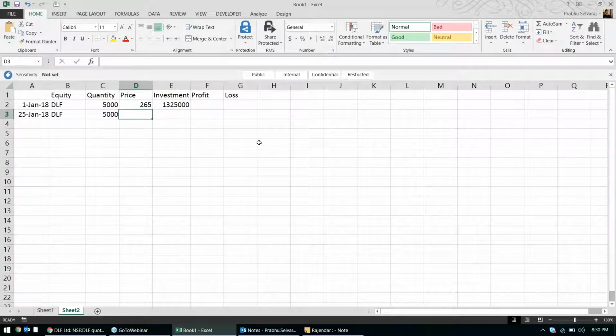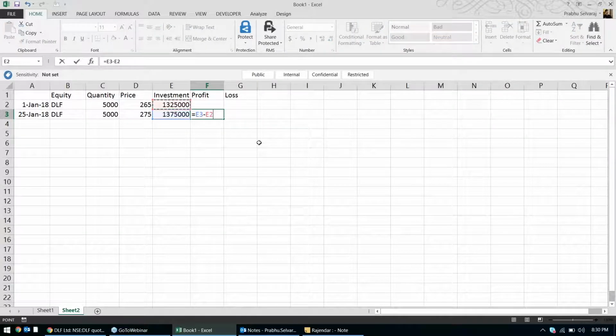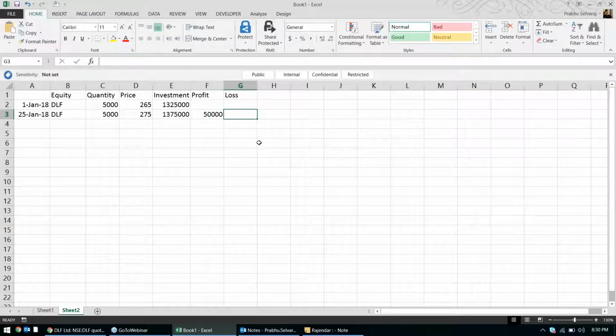The stock has gone up by 275 rupees. So the investment has become, you got a profit of 50,000, right? 50,000.